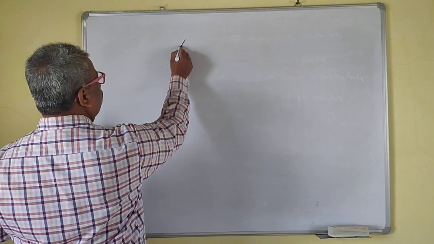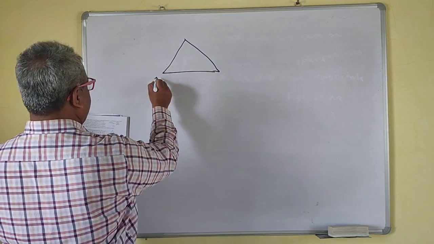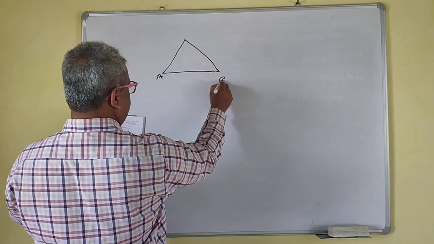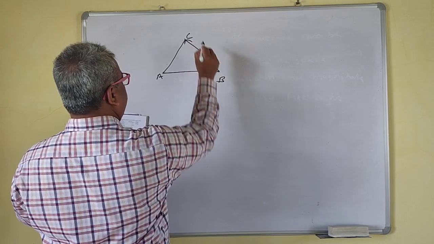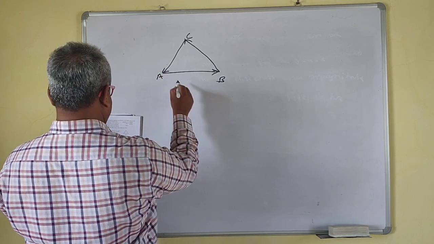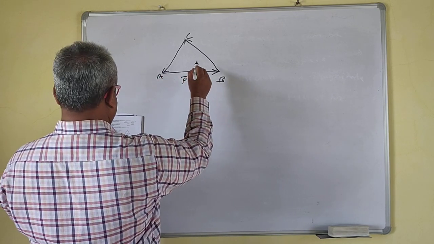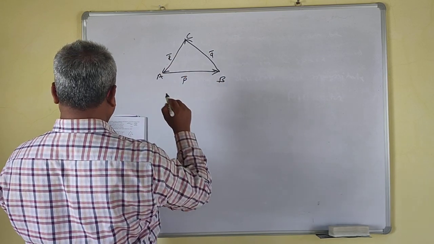Okay, suppose we do some activity now. Suppose this is A, this is B, this is C. The vector direction is like this. This is your P bar, this is your Q bar, this is your R bar.